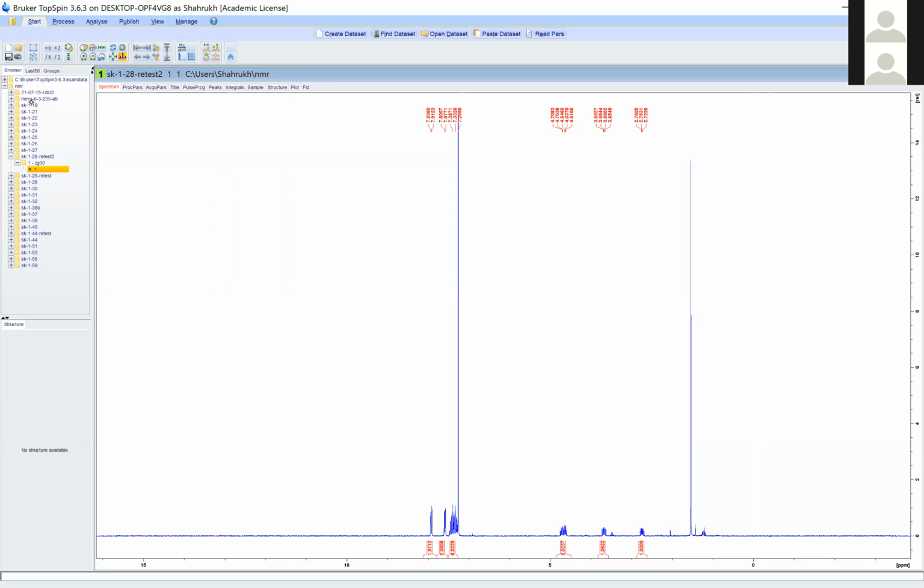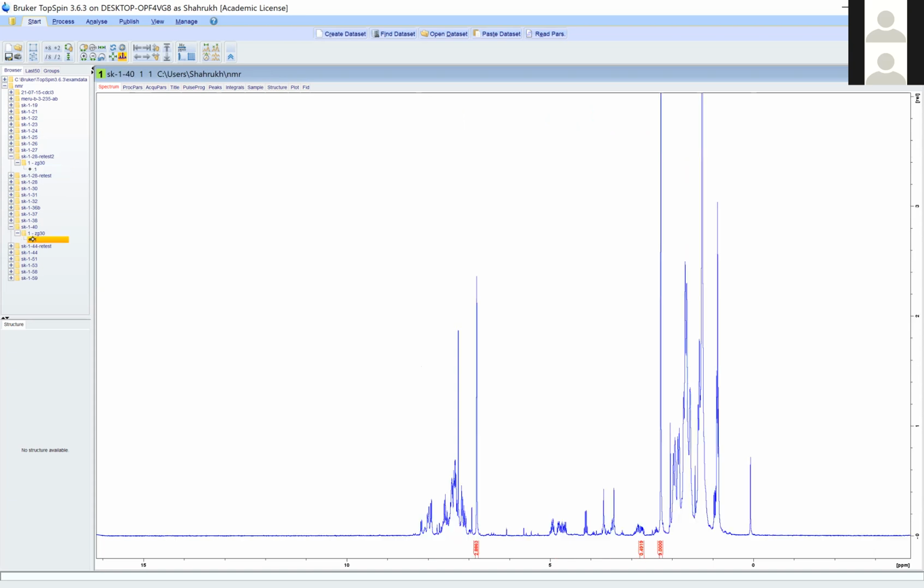This labeling just has to do with my lab notebook, what page number it is. So this compound specifically happens to be on page 28, and this is pure and isolated. So I'll show you what a crude NMR looks like. This is when you run actual reactions and you just briefly want to see if you got what you want. It looks nasty, right?